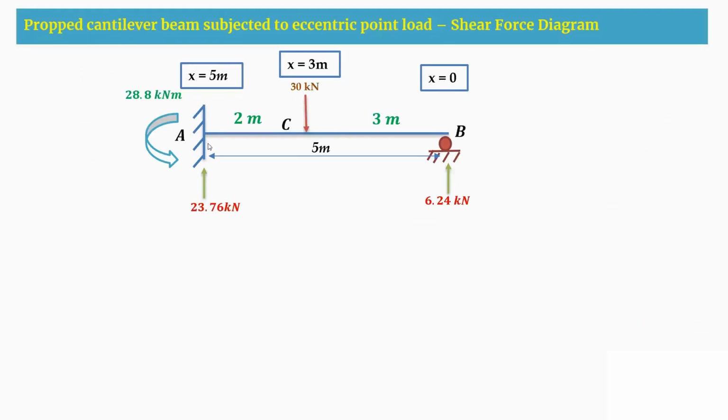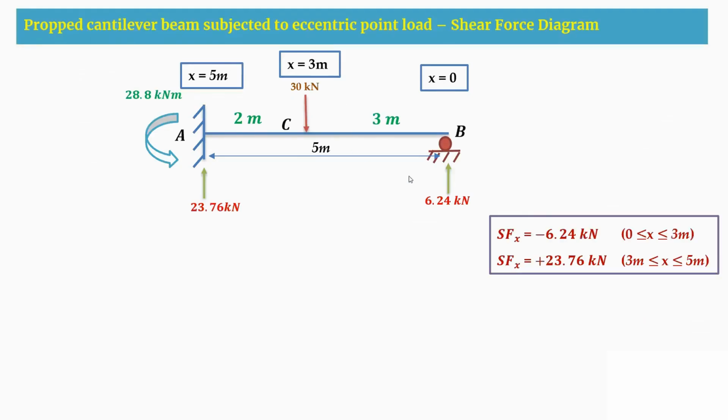Now coming to the shear force diagram. So this is a beam, we got it. And these are the shear force values: minus 6.24 kilonewton for 0 to 3 meters, and for 3 to 5 meters, it is 23.76 kilonewton. So when we draw a figure, at B it is minus 6.24.